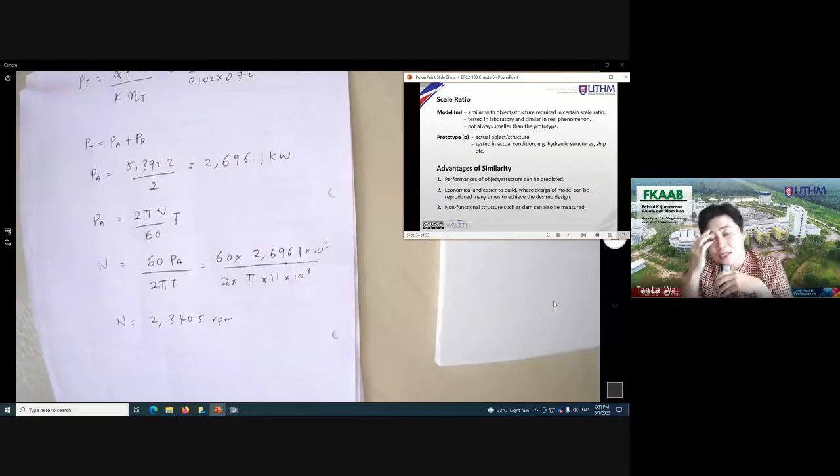Let's look at the scale ratio. Sometimes we want to study ships. We would build a smaller size model to study the buoyancy and things like that. I think you have done it maybe in your fluid mechanics laboratory where you studied buoyancy.